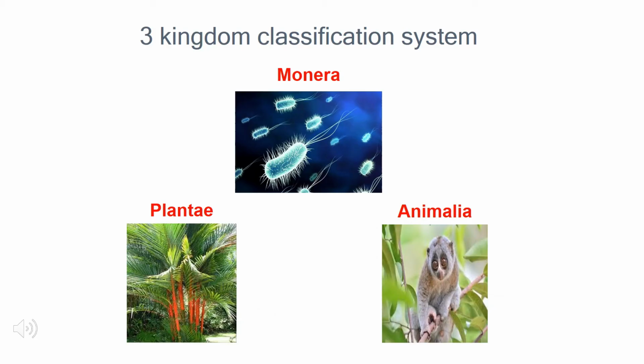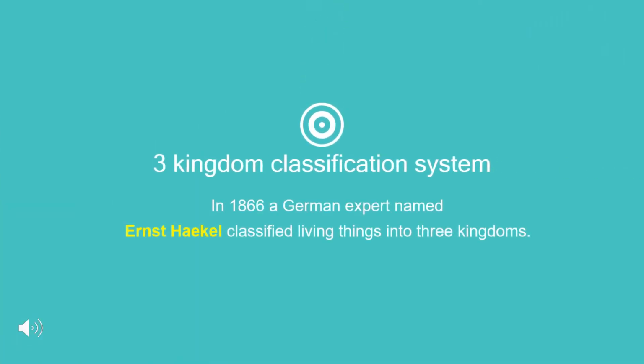The next is the 3 kingdom classification system, which only consists of Monera, PLANTAE, and Animalia. This classification system was invented by Ernest Haeckel in Germany in 1866.